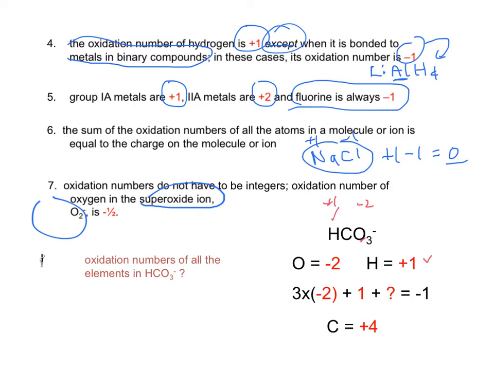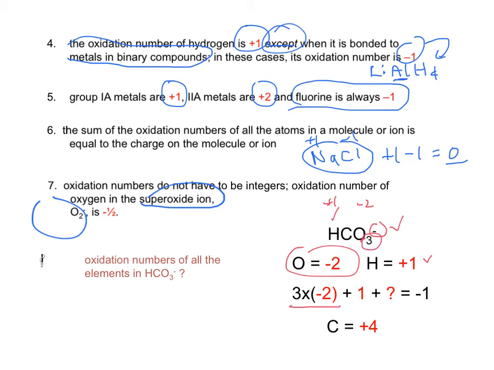Now remember that the oxidation numbers for each of the atoms that are part of the molecule or ion must sum to the overall charge of the ion. In this case, we have a -1. So we're going to take the oxidation numbers that we know and solve for the missing variable. We have oxygen 2-, and we have 3 oxygen atoms.